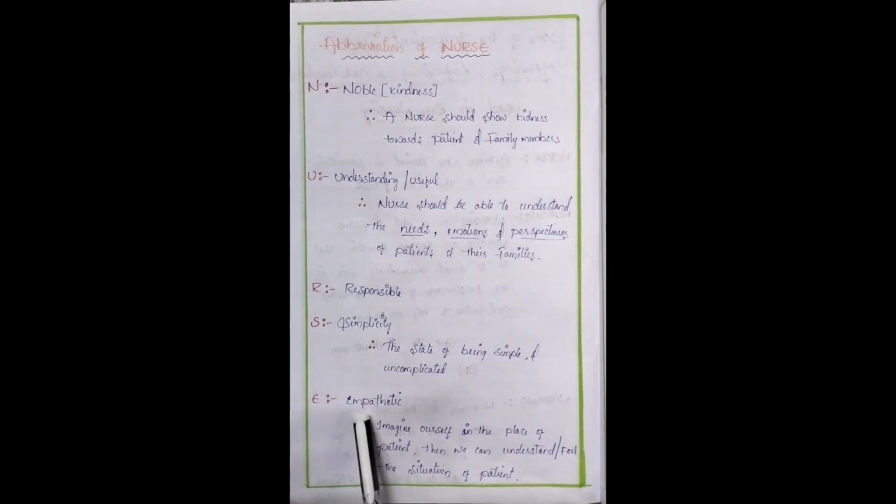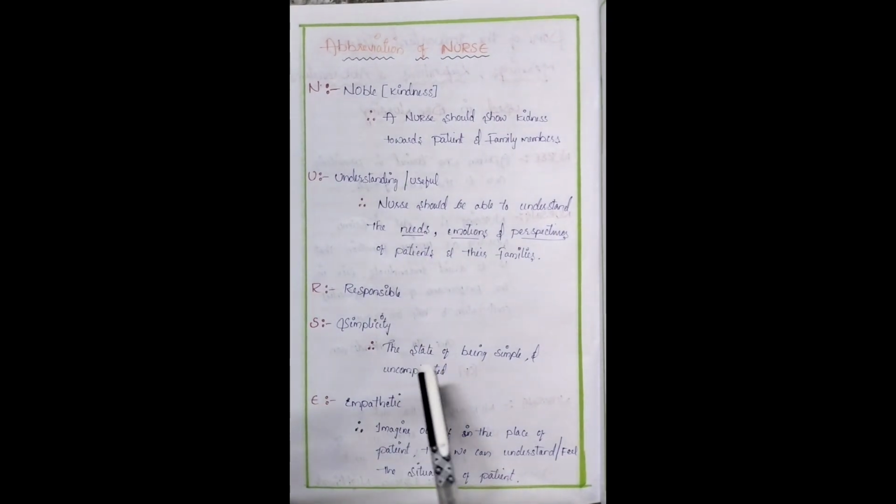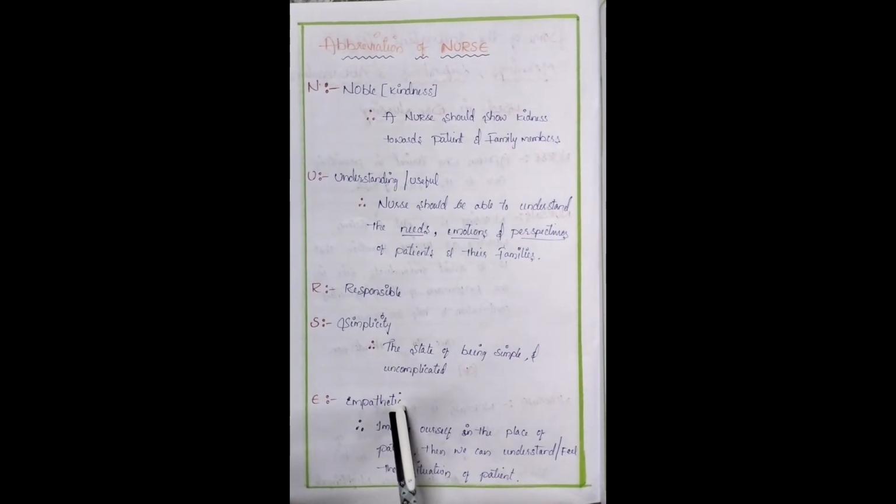Next, empathetic. N completed, U completed, R completed, S completed, E. Empathetic or empathic. What is the meaning of empathy? To understand the situation or the problem of the patient, we have to imagine that we are in the place of the patient.